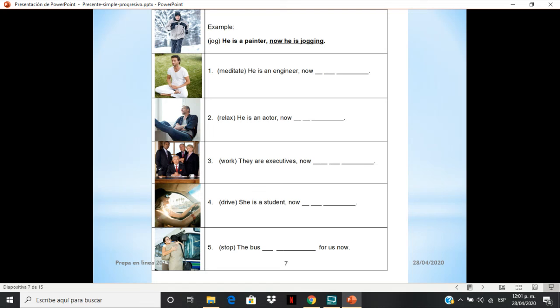It is a good strategy when you copy or write down sentences in your notebook, because you make your brain work to recall what you are learning. Yes, or elicit.